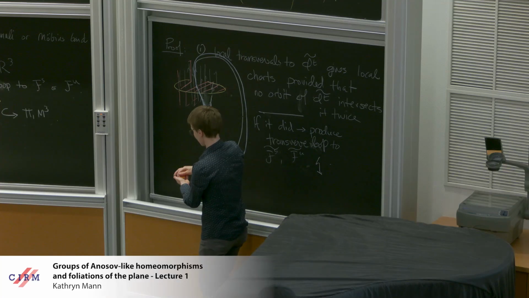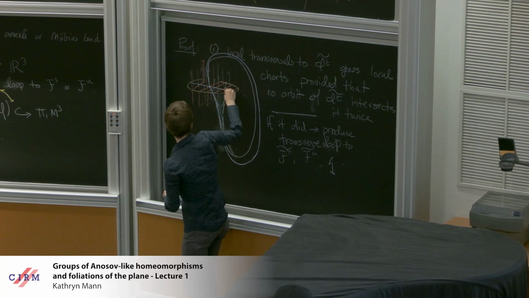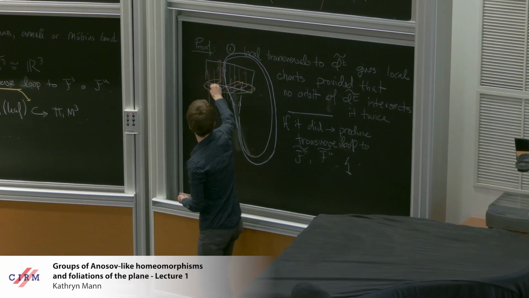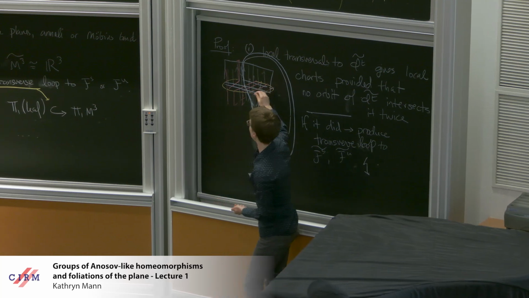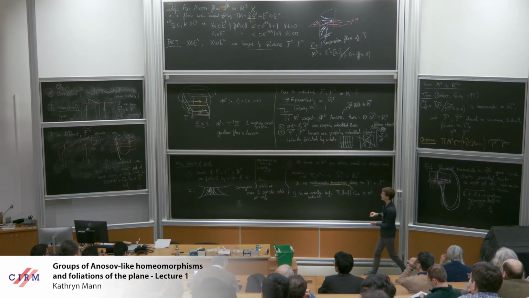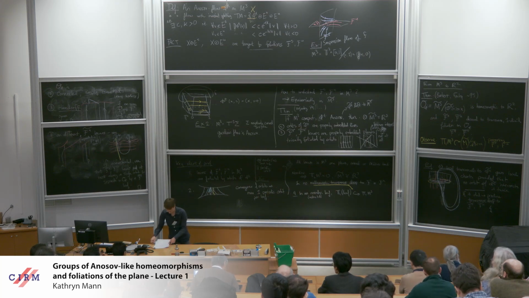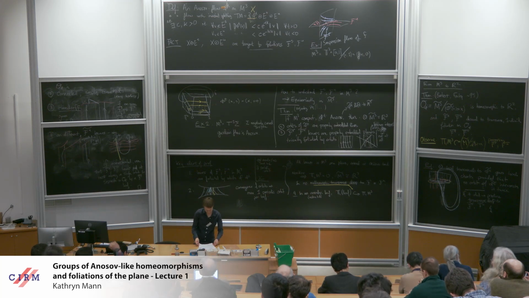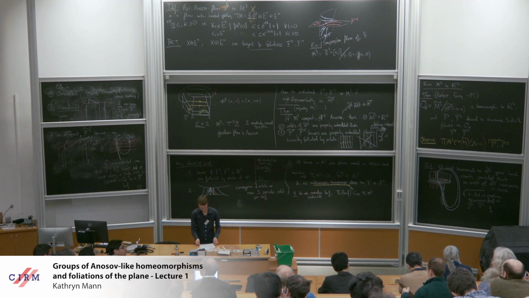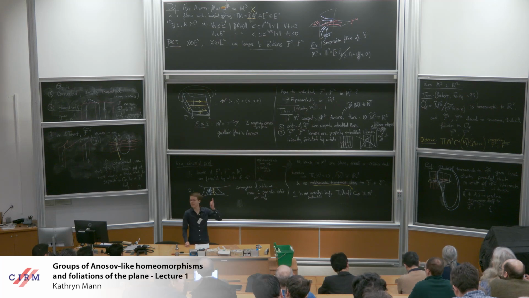My local charts are local transversals, and then a local transversal to my flow, I see 2 transverse foliations, the stable and the unstable one. So that comes for free once you know how to make charts. Okay. Yes. And it's not compact. So it's not the sphere because it's foliated? Yes, sorry. It's also, yes, it's foliated, so it's not the sphere.